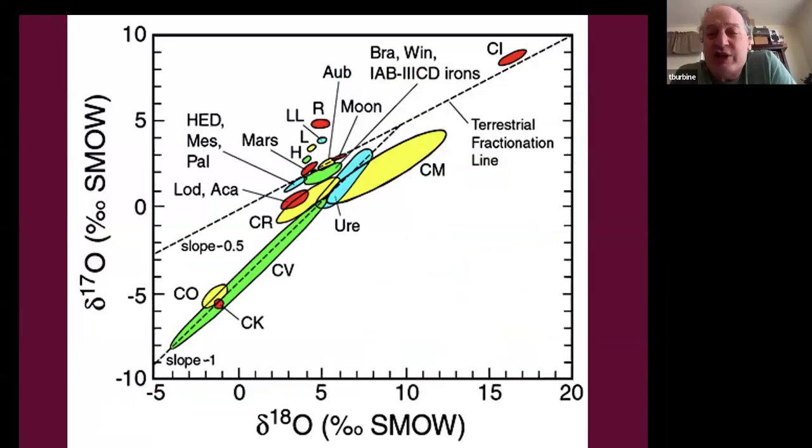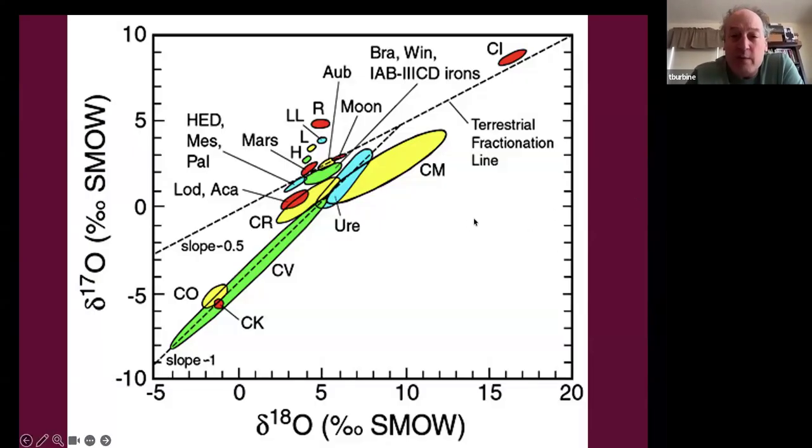And this is an oxygen isotope diagram. This is a plot of delta oxygen-17 divided by oxygen-16 on the y-axis. On the x-axis is delta oxygen-18, also divided by oxygen-16. And this is used because meteorites that we think come from the same body tend to fall on these things called fractionation lines.